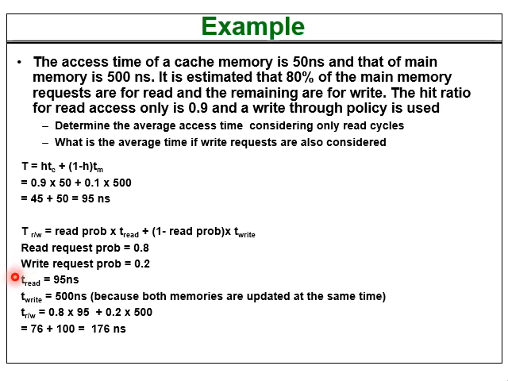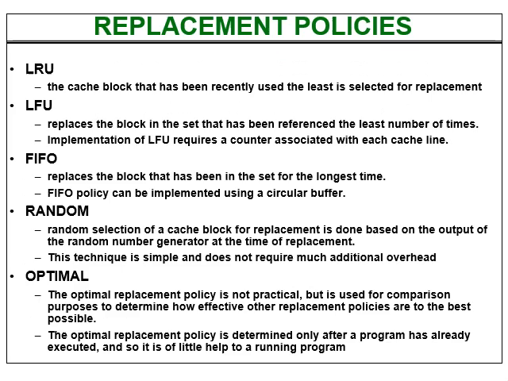Now T read is equal to 95 nanoseconds, T write is 500 nanoseconds. Now you can once again find out the weighted average of the two. 80% operations are read operations, 20% operations are write operations. So the entire access time considering both read and write comes out to be 176 nanoseconds.